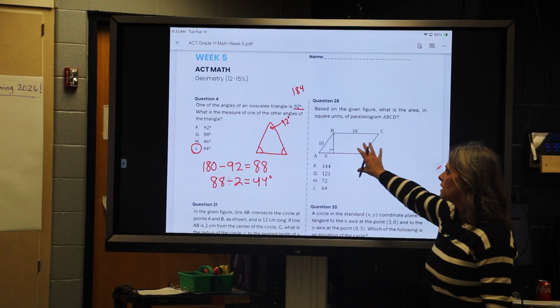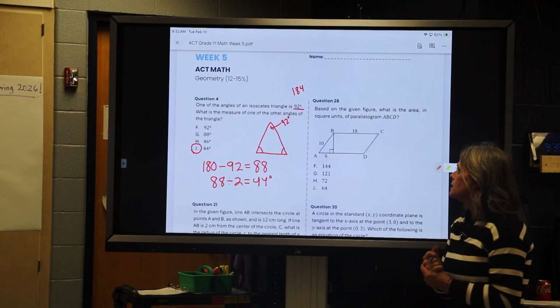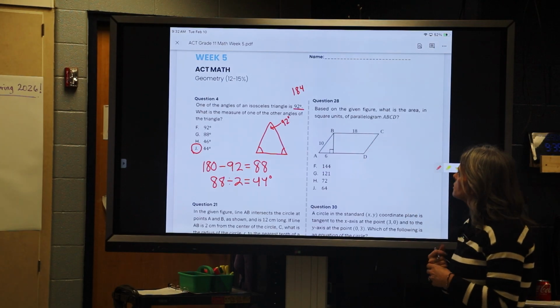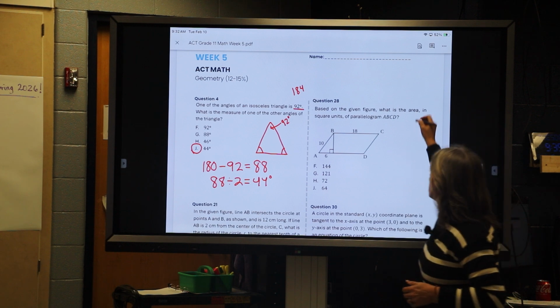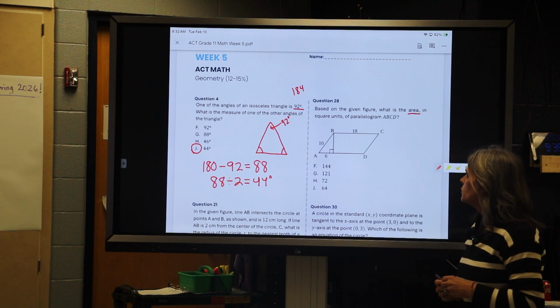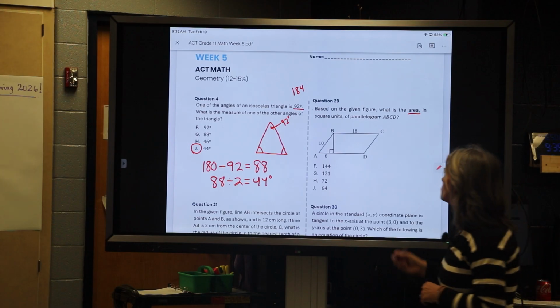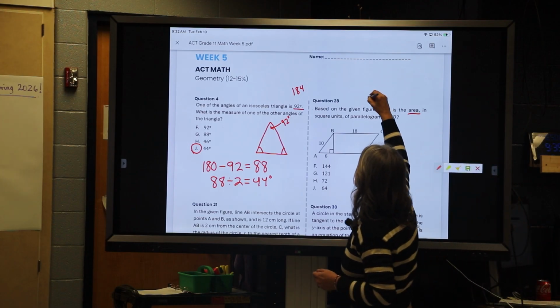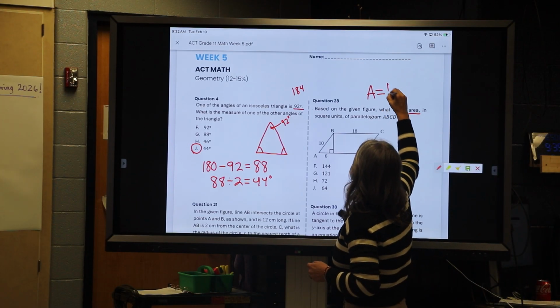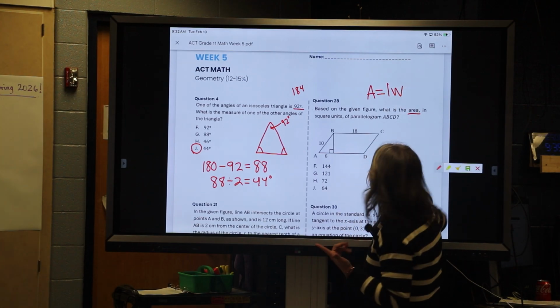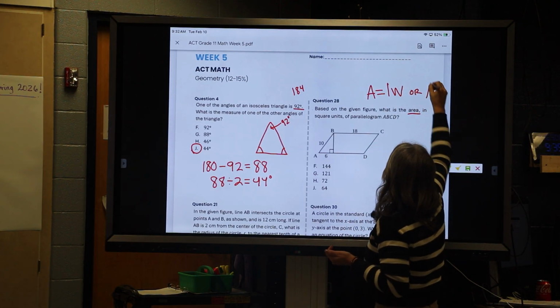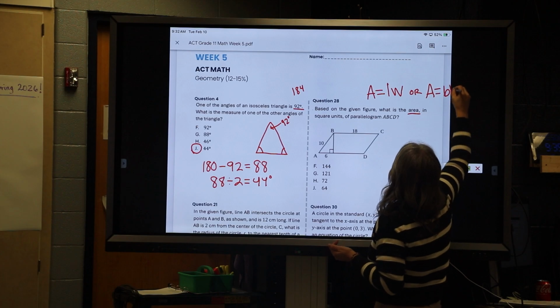So this is a 4-sided figure, okay? It's an area problem. So based on the given figure, what is the area in square units of the parallelogram, okay? So the formula for this is area equals length times width, or you could say area equals base times height, okay?